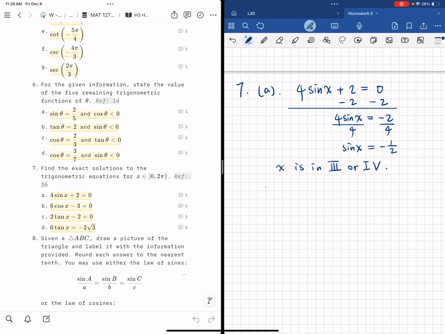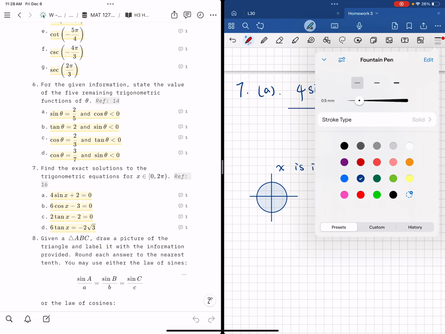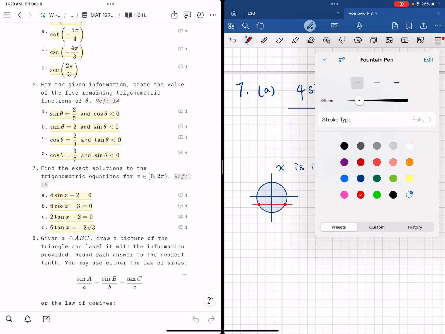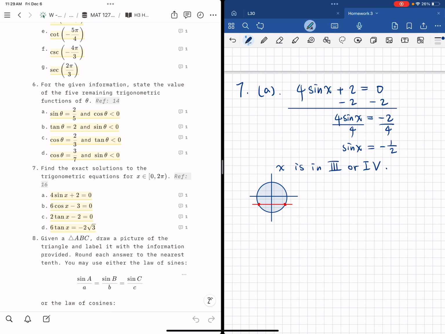If I do a visual of what it looks like, I would do a unit circle, and this time I will use colors. So your y is negative 1/2, which is basically like this. And there should be 2 angles. You could use your unit circle to identify that because negative 1/2 is a common value, or you could use your calculator for that.